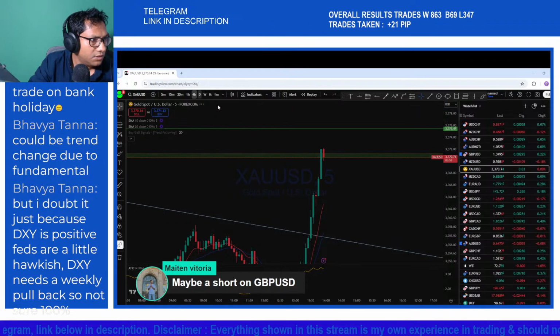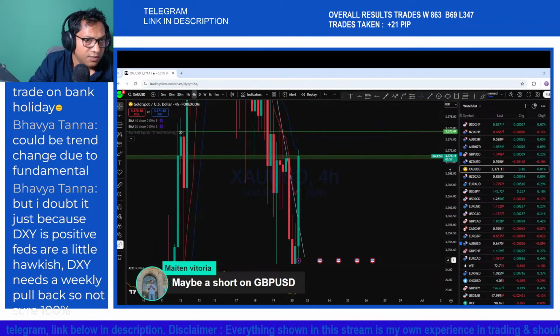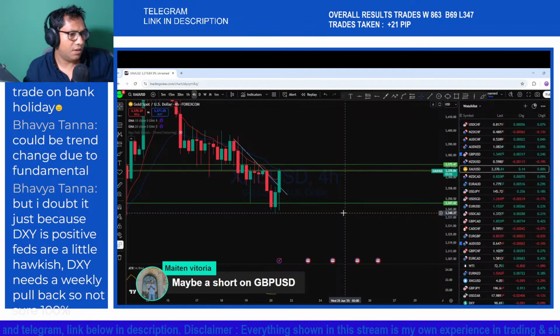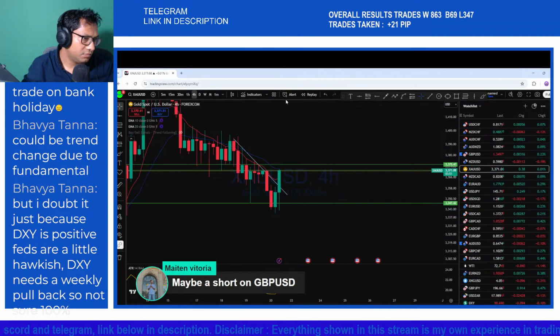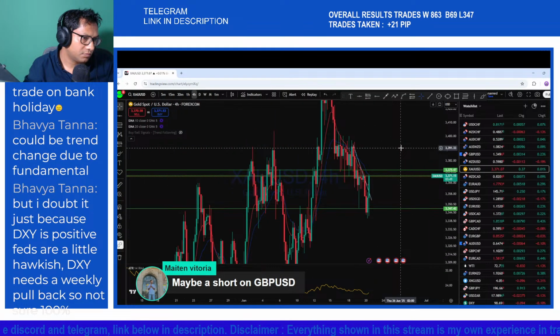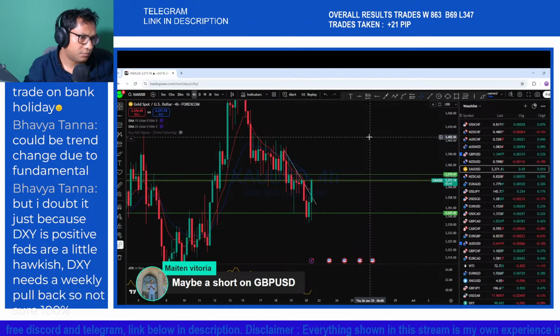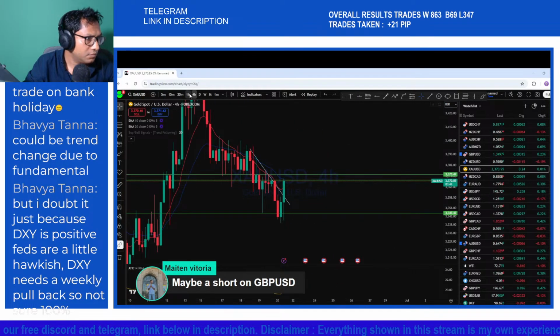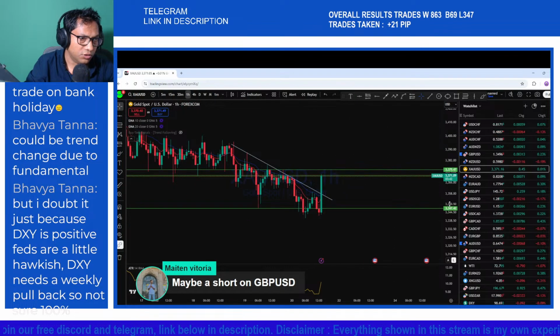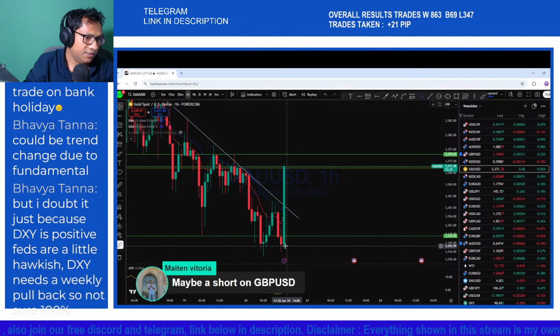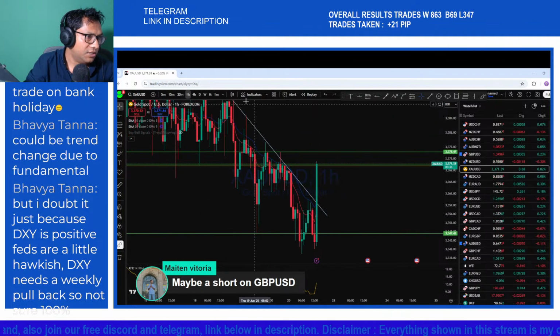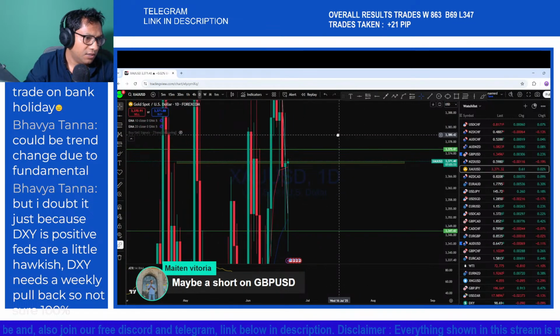So if you look at the 4-hour, that's a big bull candle. I'm mostly focused on the 1 hour time frame, as it's a big ATR candle to the daily key level.